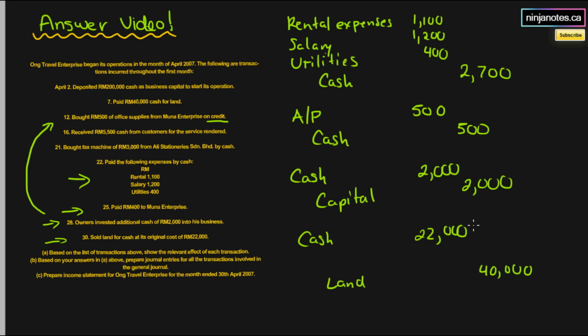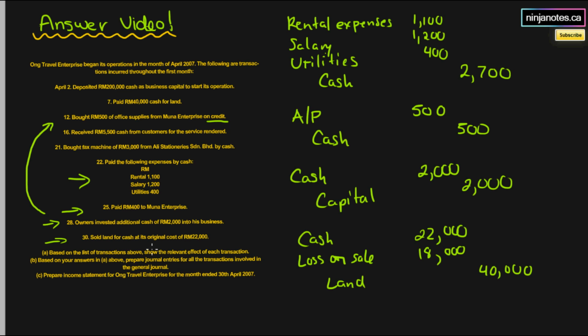Now there's kind of a problem here because obviously this doesn't balance, so we're going to have to debit a loss on sale. Because it was worth $40,000, we sold it for $22,000, which means the remaining difference, which is $18,000, is going to be considered a loss.